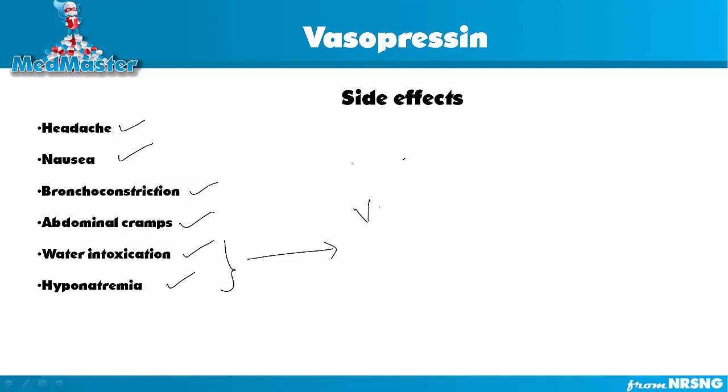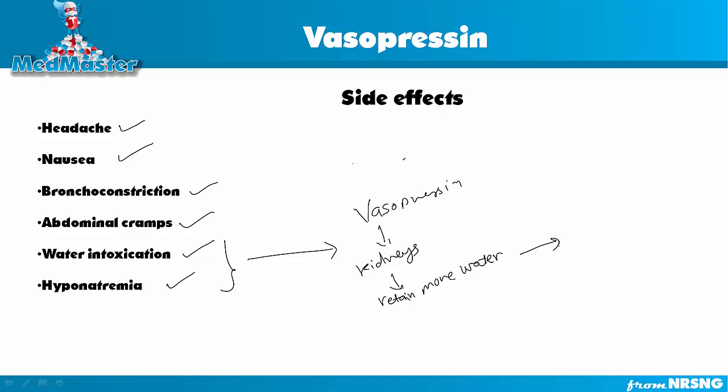Now, if you're giving vasopressin, it's going to work on the kidneys, and the kidneys are going to retain more water. Now what happens if the kidneys retain more water?